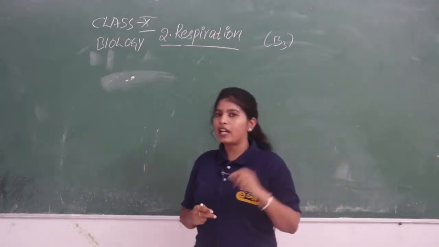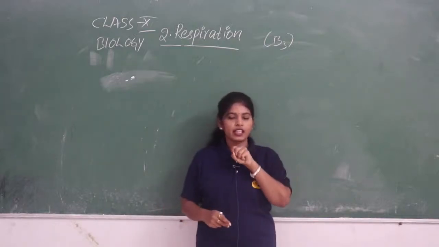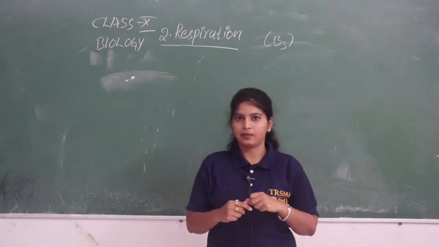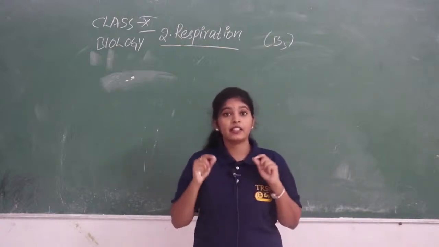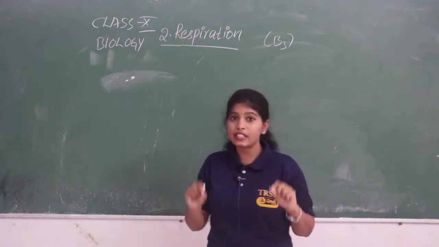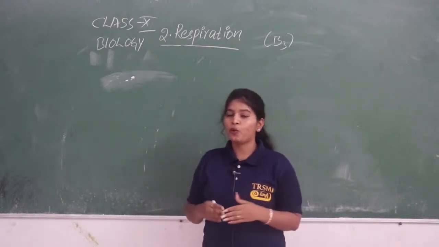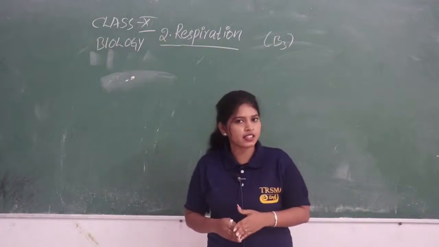So if the plant is introduced, the CO2 is taken by the plant and the O2 is returned by the plant. That's why the survival of the rat happened here. So this is a very good experiment to know about oxygen release.